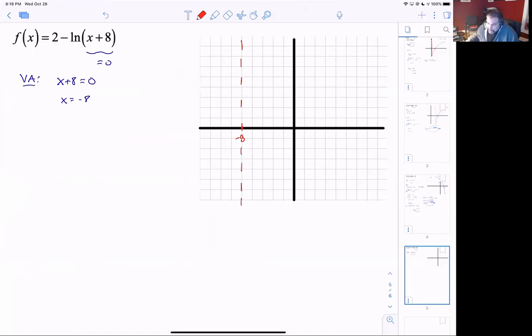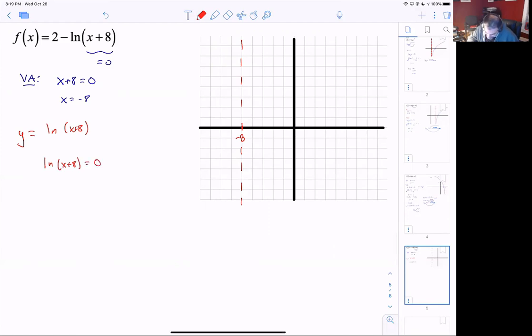Okay, so now I'm going to focus on graphing just this part, the y equals ln of x plus 8, not even the negative. Now we want to find that x-intercept. When I find the x-intercept, I'm going to do ln of x plus 8 is equal to 0.